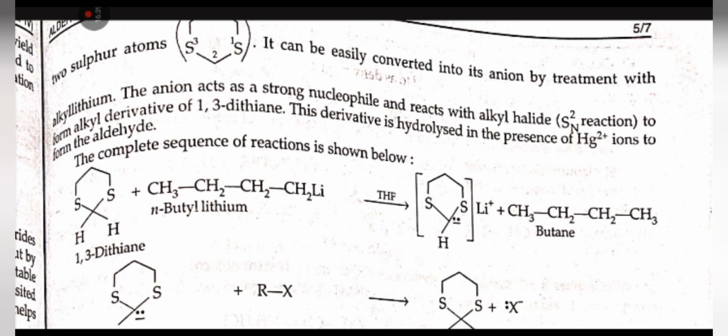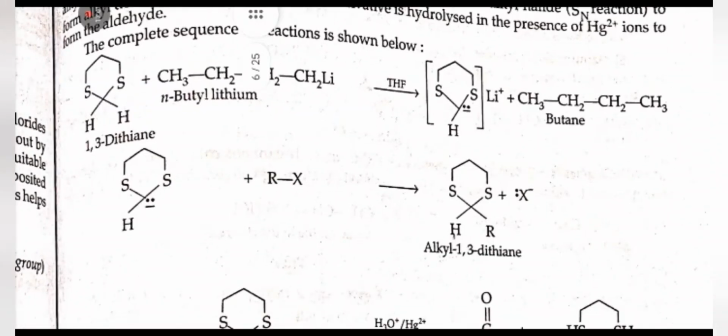The anion acts as a strong nucleophile and reacts with alkyl halide to form an alkyl derivative of 1,3-dithiane. This derivative is hydrolyzed in the presence of Hg2+ ion to form the aldehyde. The complete sequence of this reaction is given below.